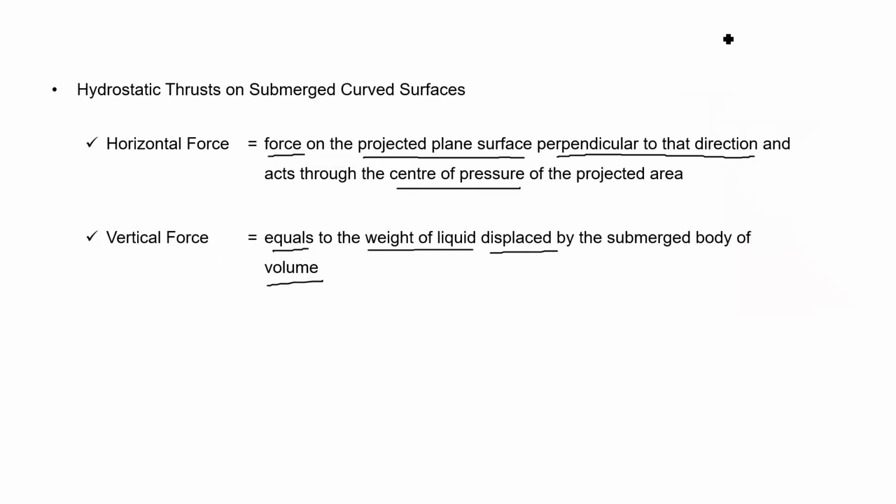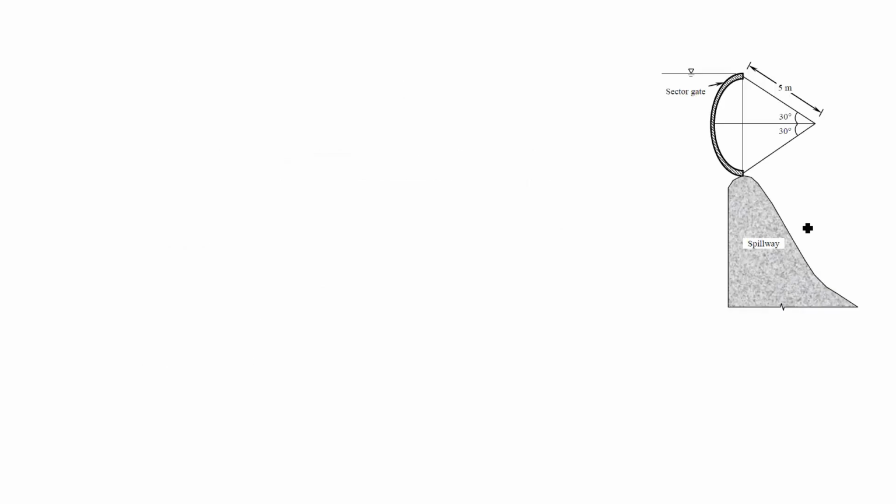After knowing the horizontal and vertical force, we can find the resultant force by this equation: Fr equals root over horizontal force squared plus vertical force squared. So simply we can find the resultant force after knowing the value of horizontal and vertical force. Horizontal force is defined as the force on the projected plane.